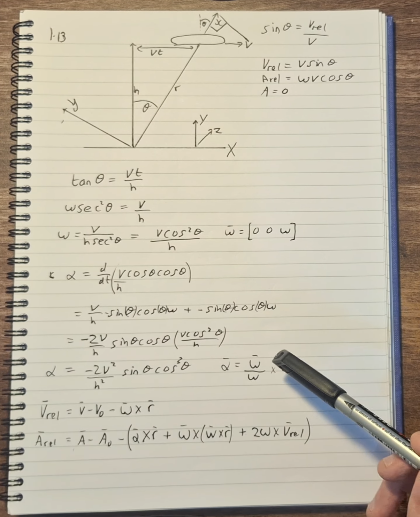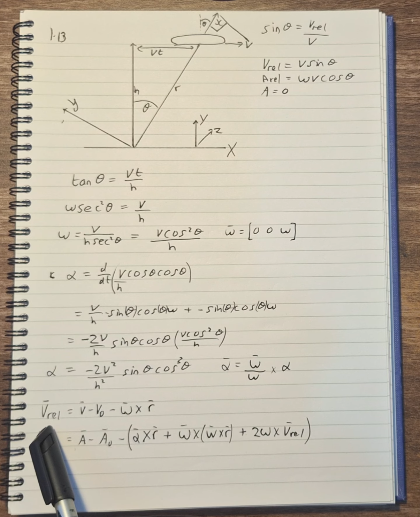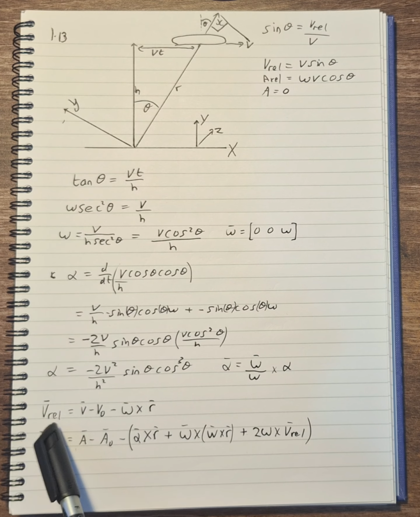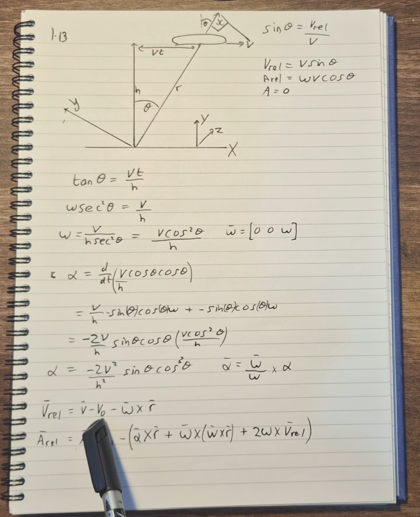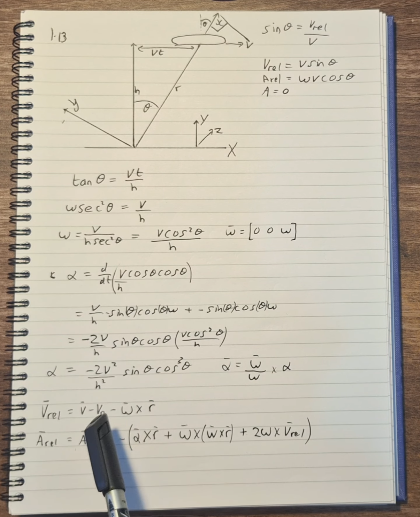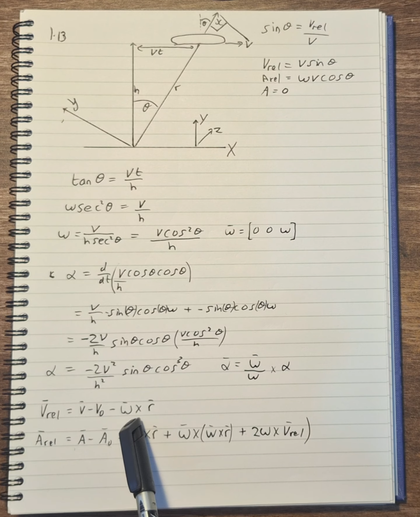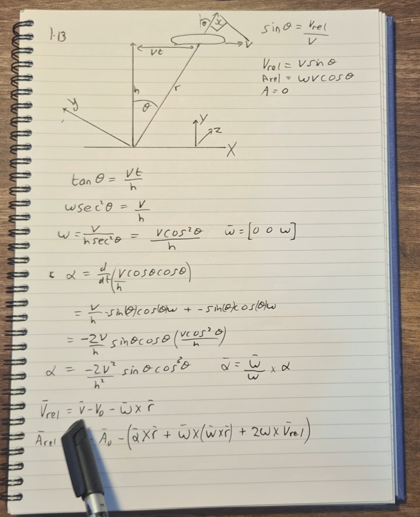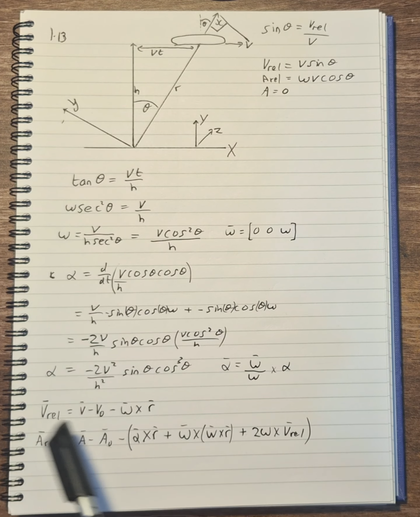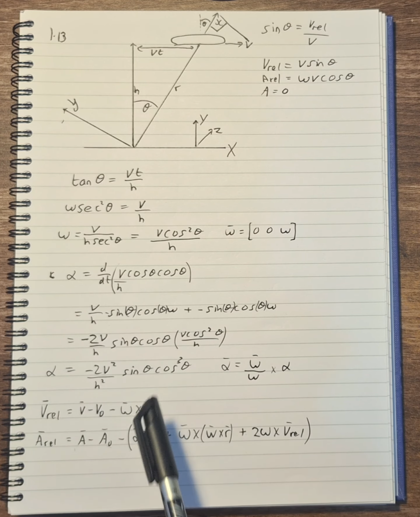If we go down here, we have another way to derive the relative velocity using the equation from the book. We have velocity minus the moving frame velocity, which actually is 0, minus the angular velocity cross product with the r vector. That's the rearrangement of the equations that you've seen before in problems 1.2, 1.12, and in the chapter.